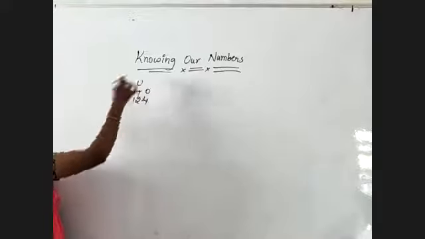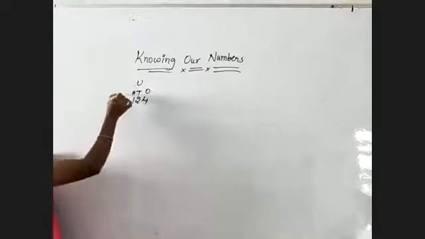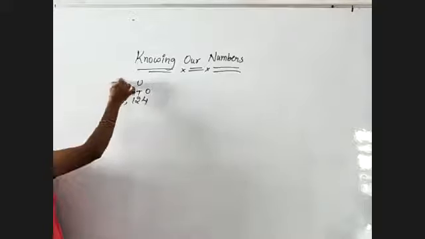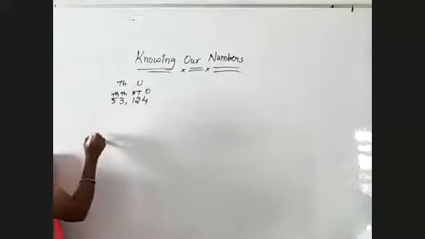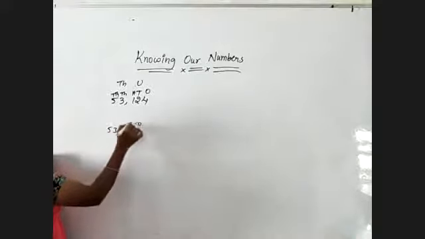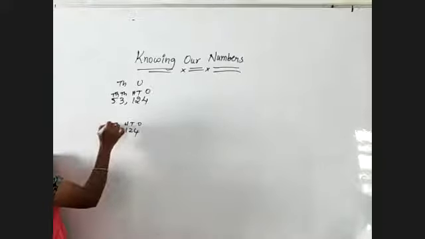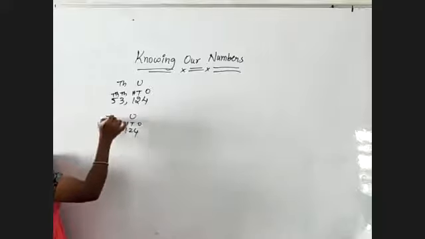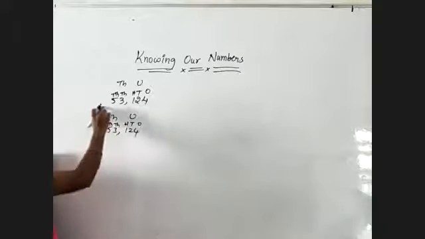In the Indian place value system, units and then thousands, 10,000. And in the international place value system, 53,124: 1, 10, 100, thousands, 10,000, and the 100,000 place is 0. Units, thousands. So how will we read this number?